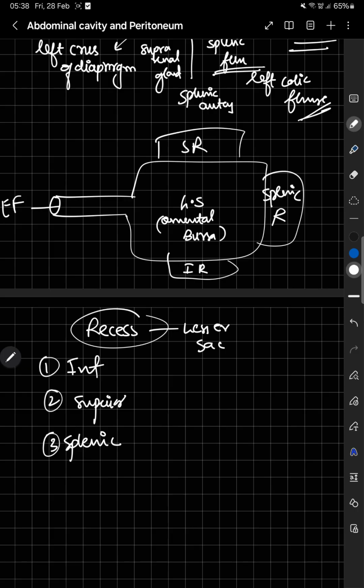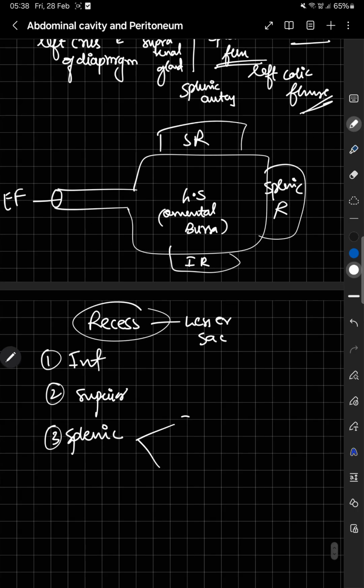Okay, so the splenic is basically between the gastrosplenic ligament and the lienorenal ligament. That's very simple for the splenic recess. And the superior one is between the lesser omentum and liver.